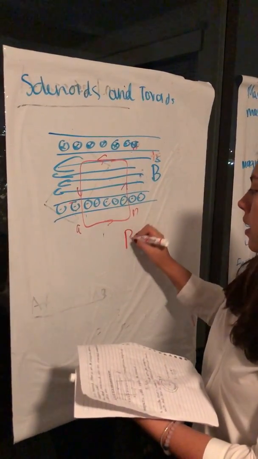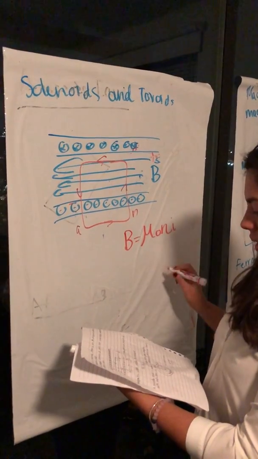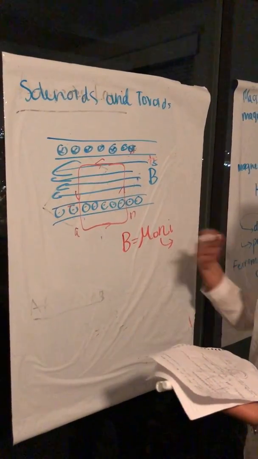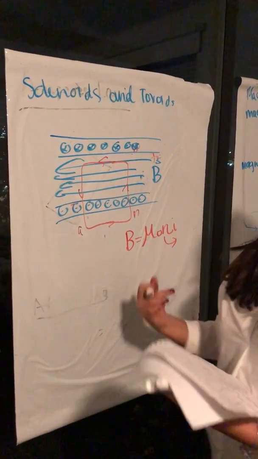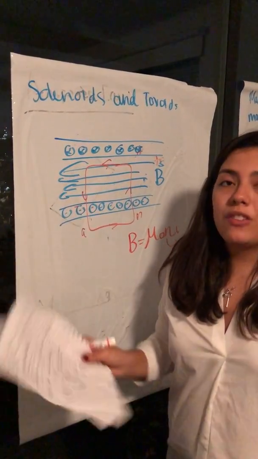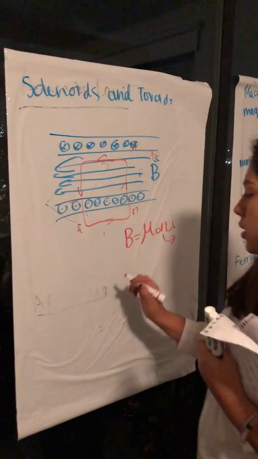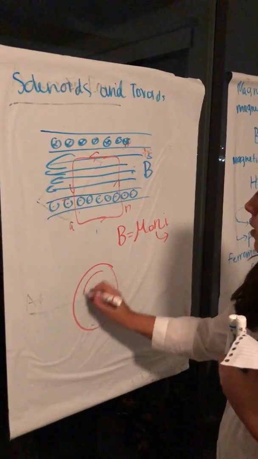That would be given by B, where n is the number of turns per length that our solenoid has. When our solenoid joins so that both ends are in contact, we would have a donut.